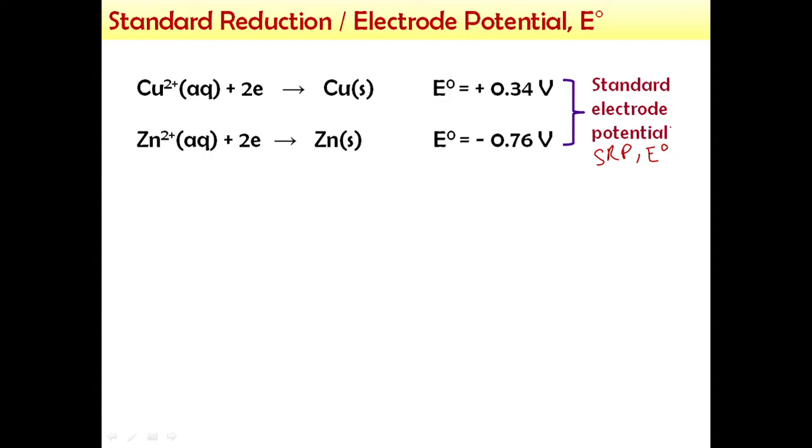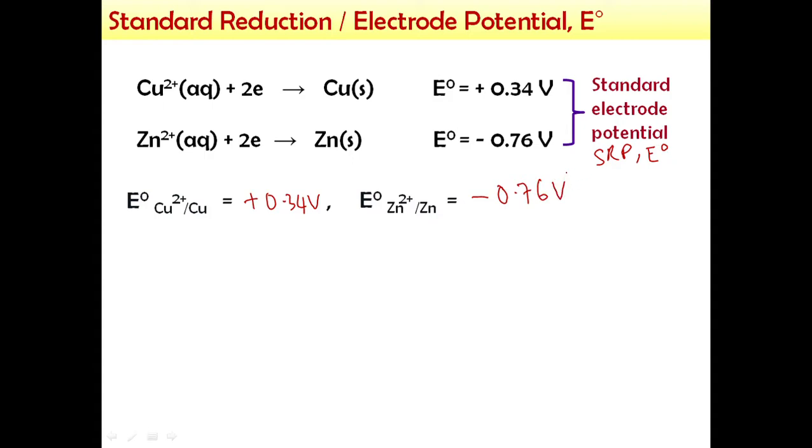Tetapi, macam mana kita boleh tahu nilai ini? So, based on this value, the E0 for Cu2+ to Cu is positive 0.34 volt. Okay, kenapa macam ni? Because it's a reduction. Jadi, Cu2+ kepada Cu. Dan zinc 2+ kepada zinc, negative 0.76 volt.